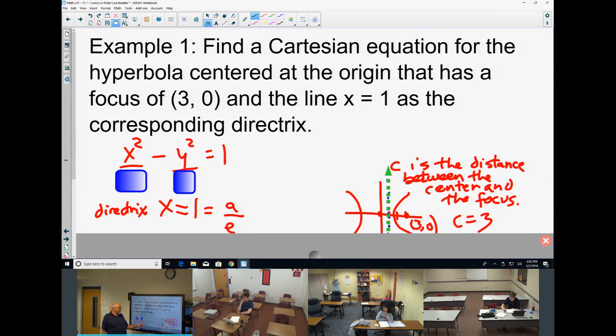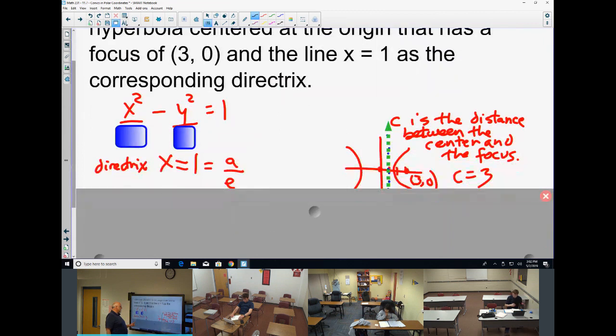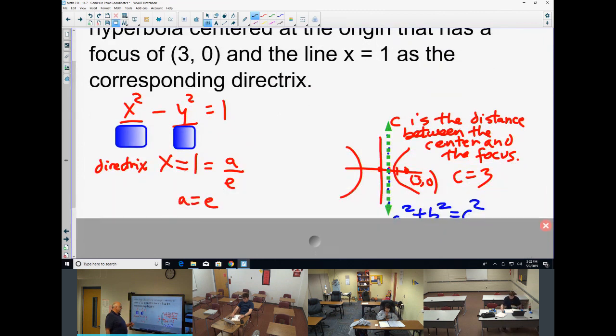If A divided by E equals 1, then A equals E. That's just for this problem, not for every problem, because this problem says x equals 1. So A and E are equal to each other.